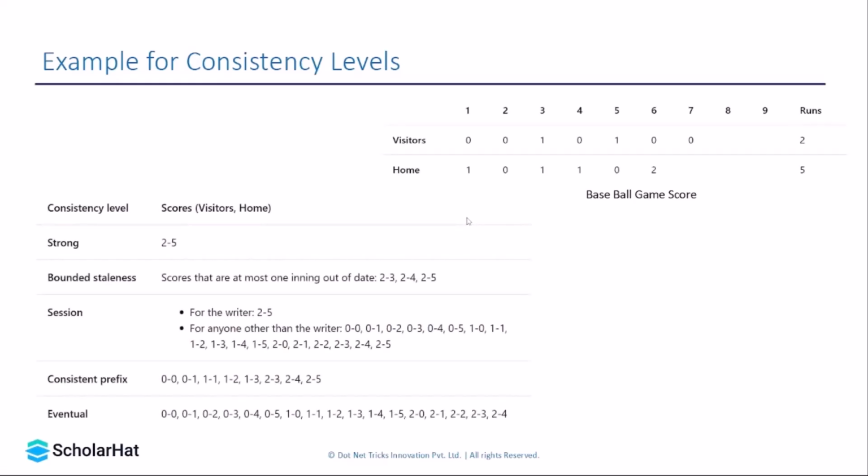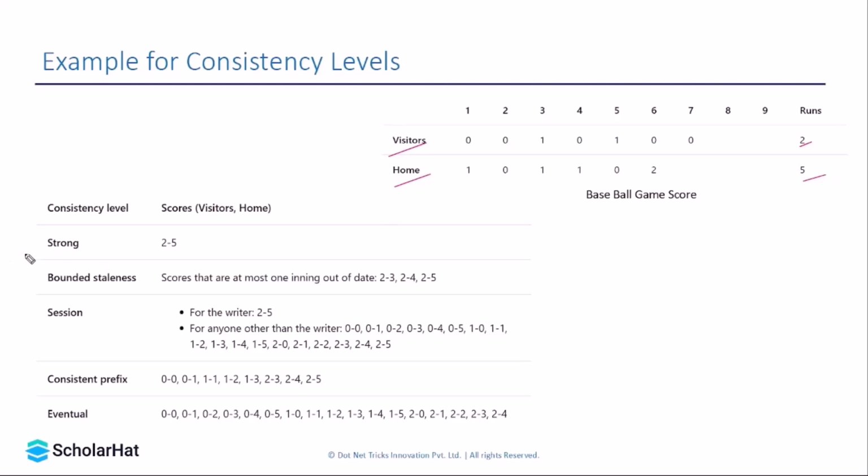Let's try to understand the consistency levels of Cosmos DB with the help of an example. Let's say we are discussing a baseball game score, and there are two teams, a visitor and a home, and the visitor team scored 2 runs and the home team scored 5 runs. Now let's see what data would be displayed to an end user according to the different consistency levels in Cosmos DB.